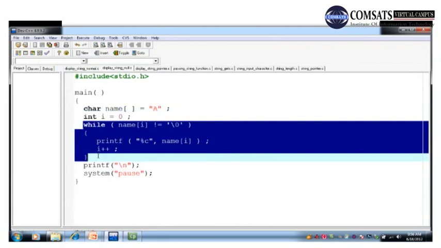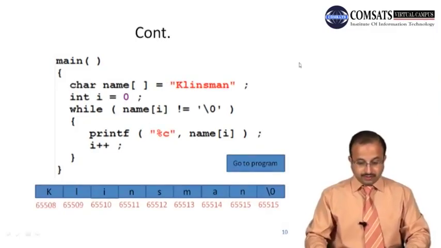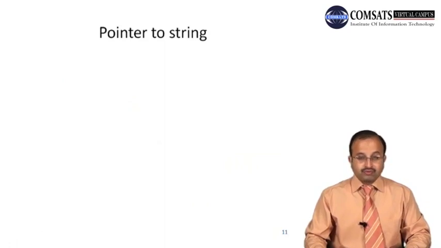You cannot use the same strategy to display the content of an integer array or floating point array, because an integer array or float array does not terminate at the null character. There is no terminating character in the integer array or in the floating array. Okay, let's go back to the slide. Now pointer to string.